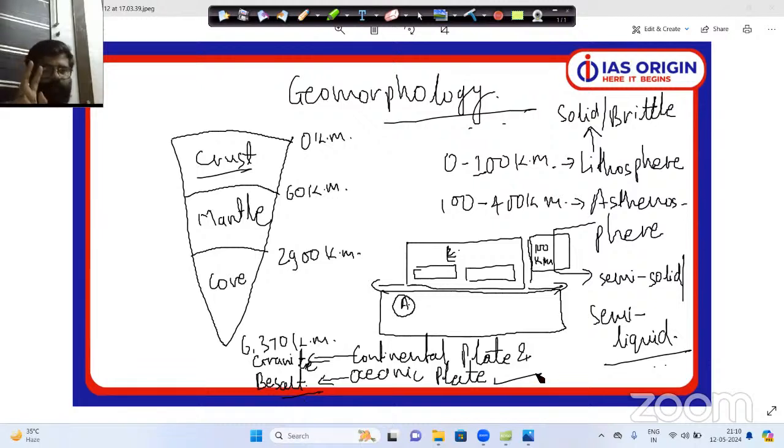Number two, exogenic forces are those forces which are working outside the surface of the earth. Inside the surface of the earth, endogenic forces are working. It actually means, for example, convergence of the plate boundaries, divergence of the plate boundaries, or transverse boundaries of the plate boundaries. So first of all, let us understand the endogenic forces.